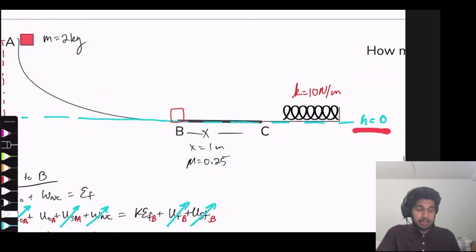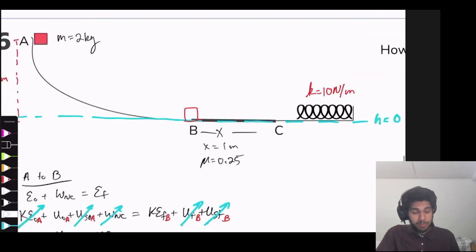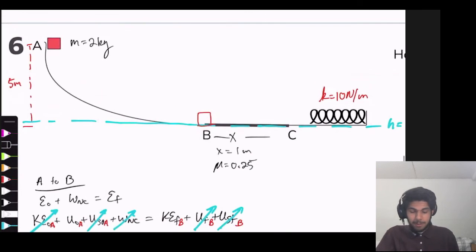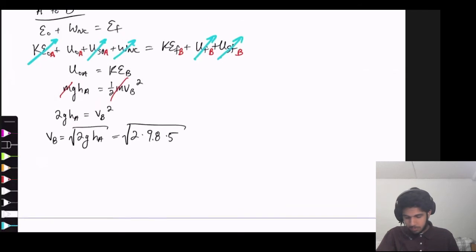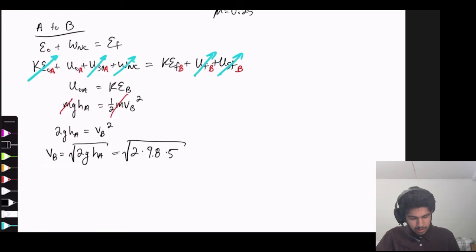That's where we decided to define h equals 0. And we were given that the vertical distance from A to B, which is what we're looking at, is 5 meters. So that's where that 5 meter comes from. And if we do this multiplication and square root, we get approximately 9.9 meters per second.